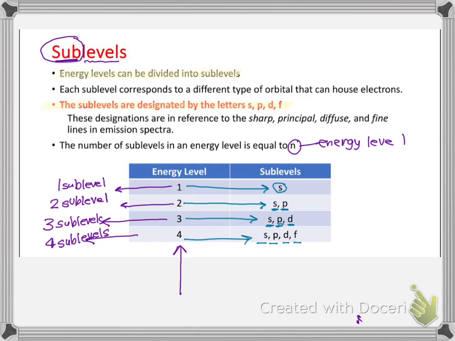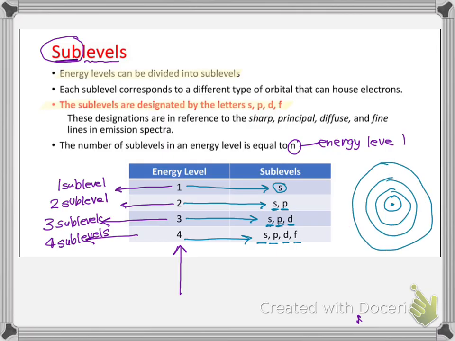Now, it will make sense if you think about it. What I'm about to draw looks like the Bohr model, but what I'm really trying to show you is that as you go farther away from the nucleus, the radius gets larger. So the first level only holds 1 sublevel. The second level is bigger, so it can hold 2.